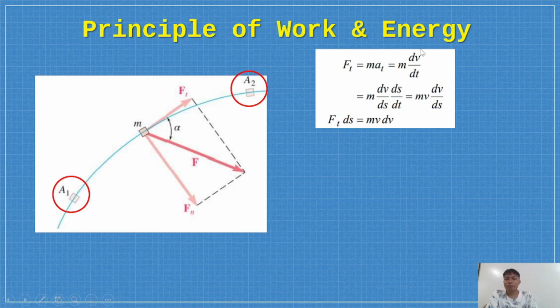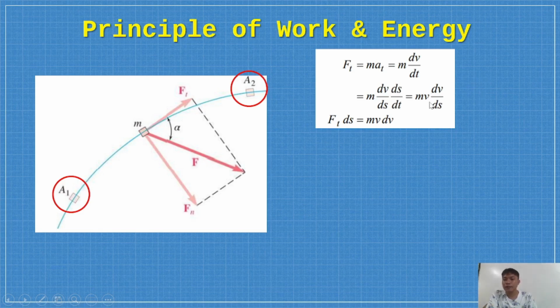We can also express dv over dt as dv over ds times ds over dt, and ds over dt, the change of the length over the change of time, is just the velocity. So we can write that v is equal to ds over dt.